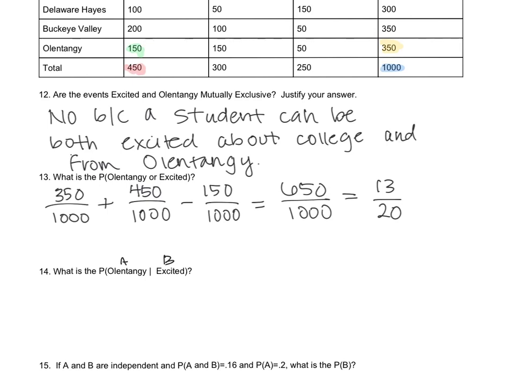We don't actually have to write it as a fraction. So I have 150 students who are both from Olentangy and excited. And I'm going to put that over the total of a student being excited about college, which is 450. So when we simplify 150 over 450, we're going to get 1/3.